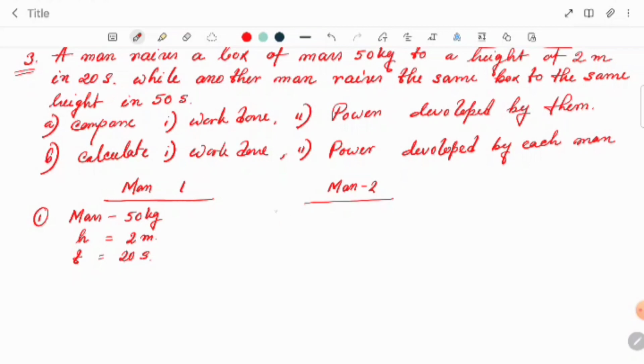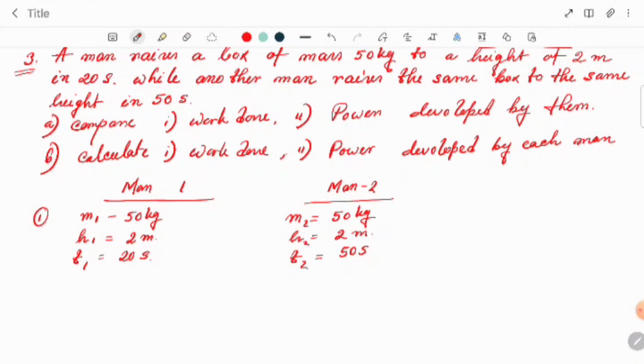Man 2, mass m is same, 50 kg, and height also same, 2 meter, and the time t is given 50 seconds. Do one thing, for man 1 we write m1, h1, t1, and for man 2, m2, h2, t2.